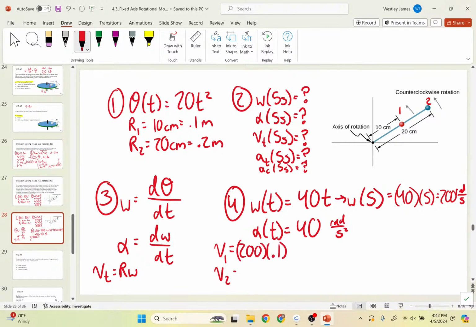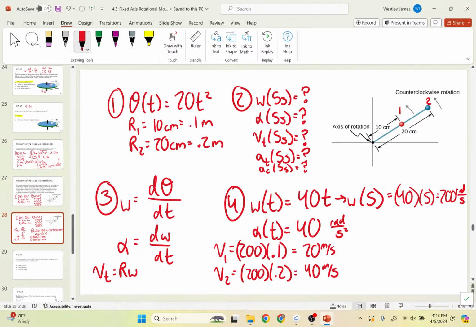You want the velocity of the other one, 200 times 0.2, which is going to be 20 meters per second, and the outside one is going to go 40 meters per second. So again, the math seemed worse than it was.